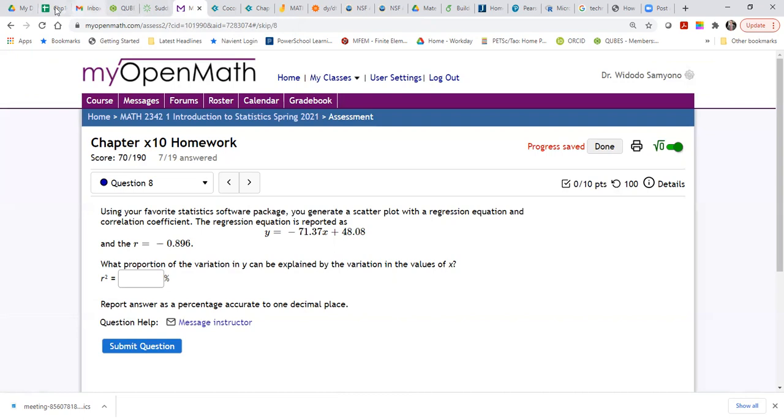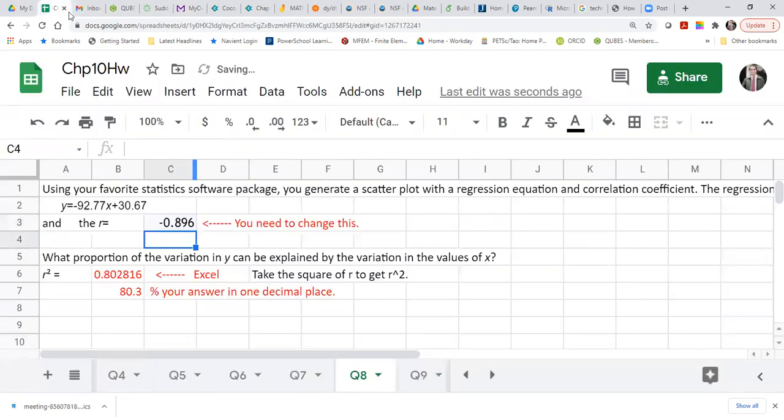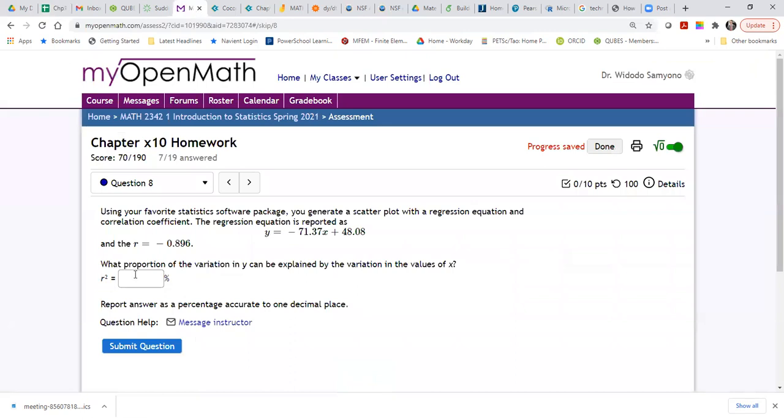Okay, and then enter, and it will automatically calculate this one here. So you square it, you got this one, and then as you multiply by 100, you got this one. Okay, because you need to round up to one decimal, right? So the answer is 80.3%.